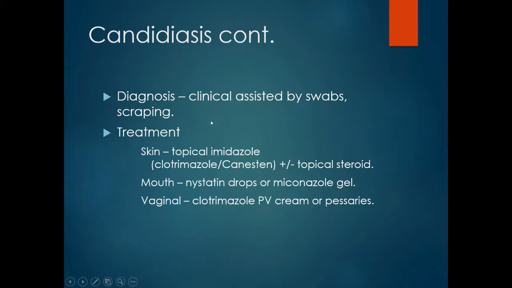Treatment is topically with imidazoles such as clotrimazole. A topical steroid may be added to reduce the inflammation. In the mouth, nystatin drops or a miconazole gel can be useful. And in vaginal thrush, clotrimazole comes as a vaginal cream or as pessaries.